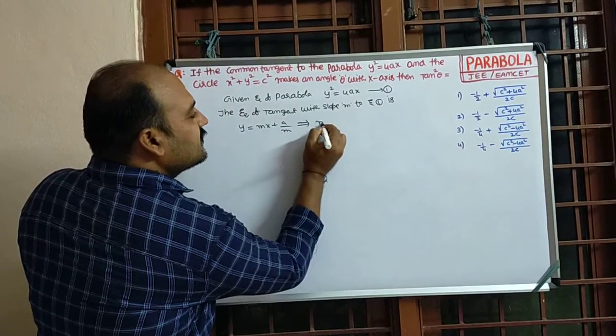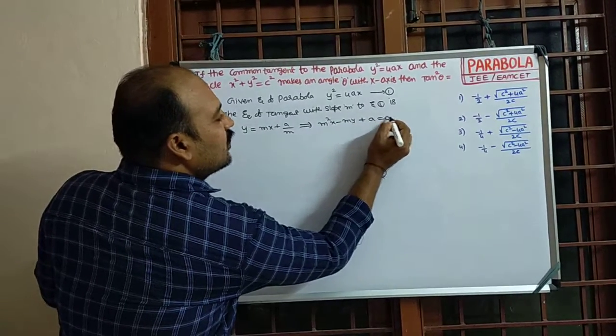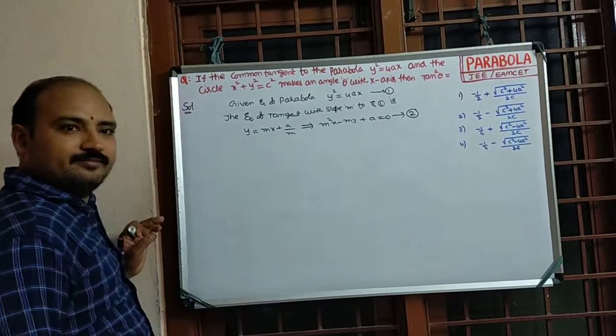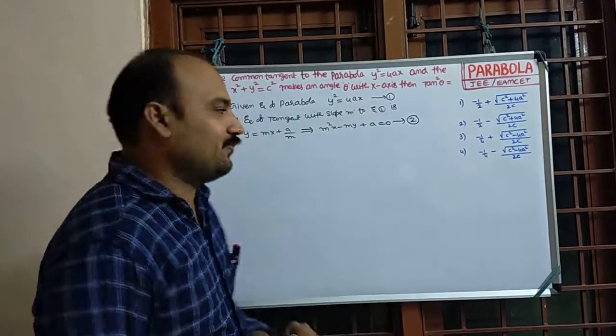This can be written as m square x minus my plus a equal to 0. Equation number 2. This is in the form of ax plus by plus c equal to 0.